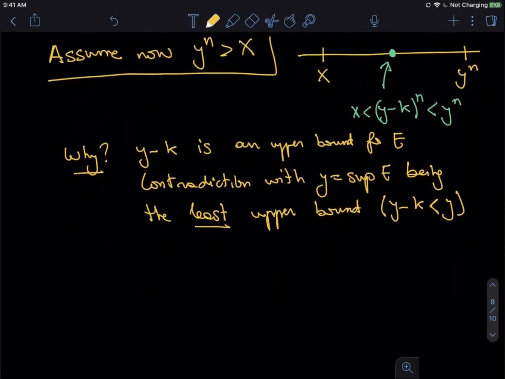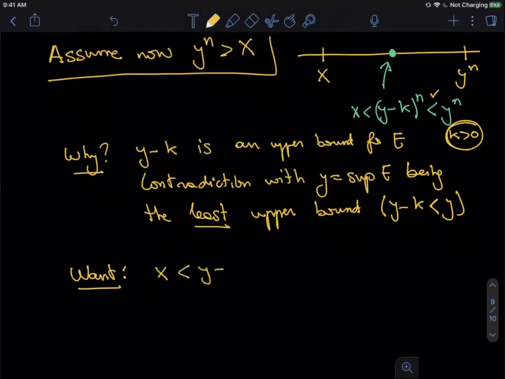Okay. So again, of the two inequalities that we want to prove, there is one that is obvious as long as k is positive. So that we need to keep in mind. We want to show that x is less than (y-k)^n.